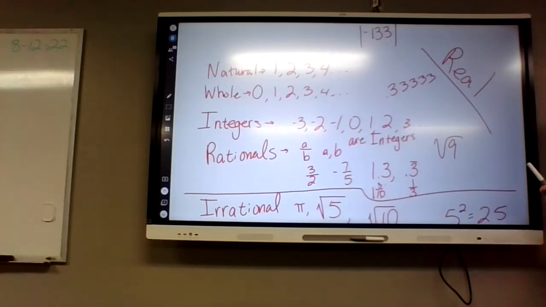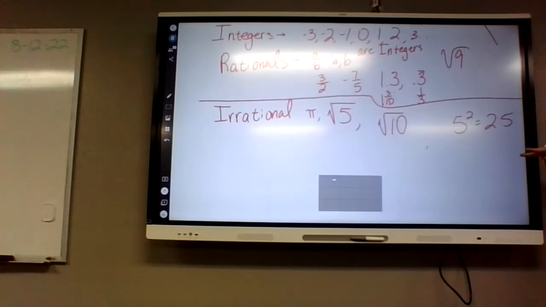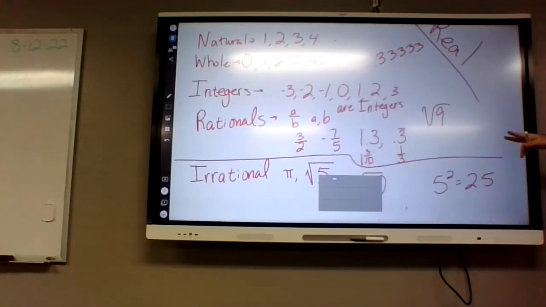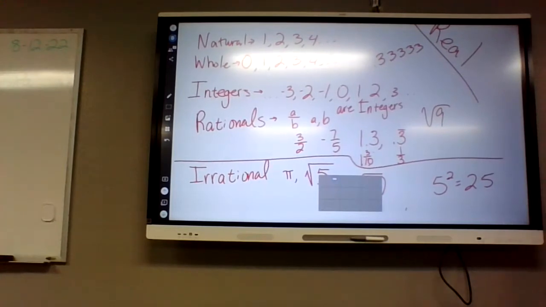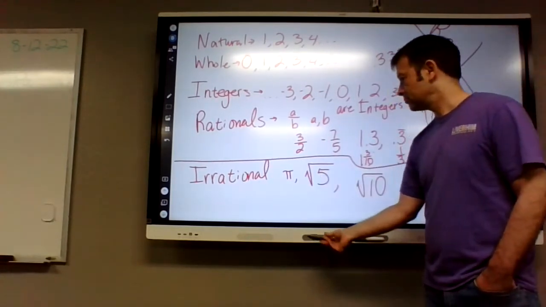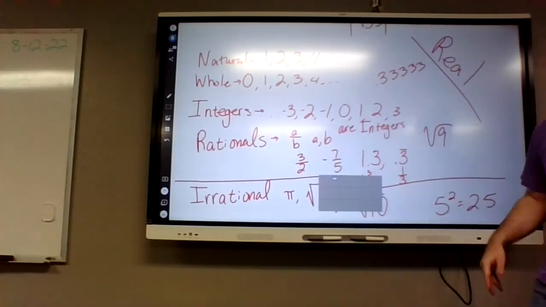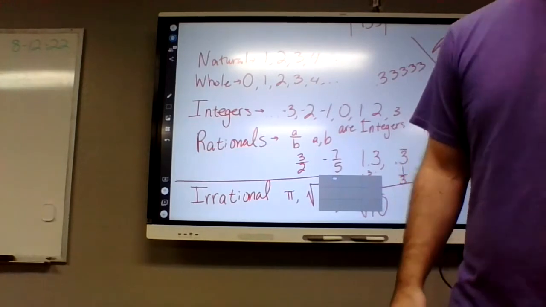What's not real? Is there a not real number? The answer is yes. But that's more like an Algebra 2 thing. It's called imaginary. This is all the kinds of numbers you'll see this year. All right. Got it?